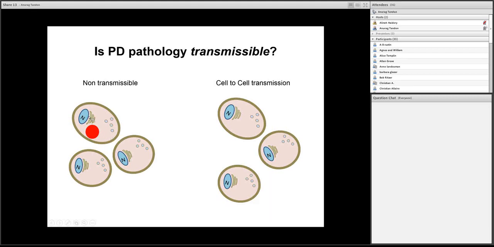Nevertheless, this neuron develops a Lewy body, but then doesn't pass it on. The other neurons, if they do develop Lewy bodies, would have to do so independently. In this new paradigm, you have cells that develop a Lewy body, then pass it to the next, and on and on. And this allows that pathology, therefore, to spread from one cell to another if they're nearby, either in contact or very close together.